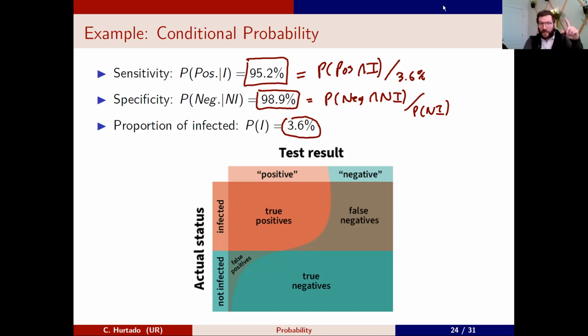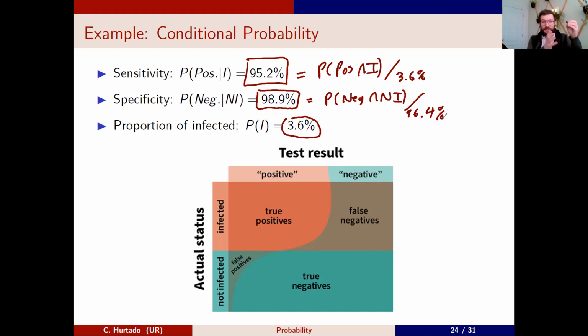That means that I can replace this denominator with the complement of 3.6. And the complement of 3.6 in this case would be 96.4%, right? So that's the information that we have.